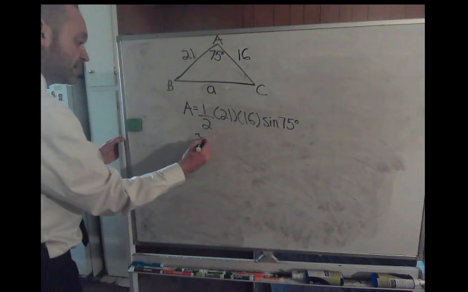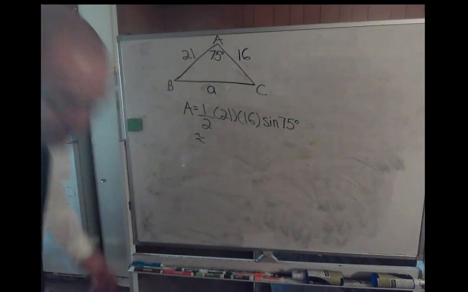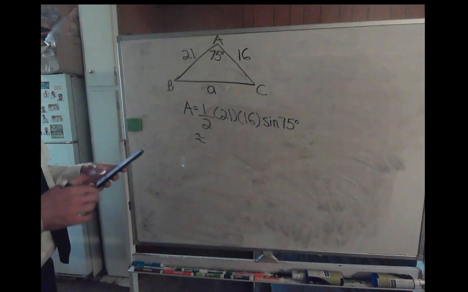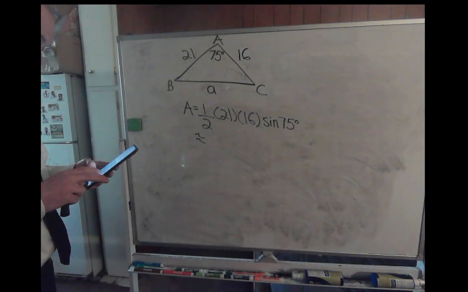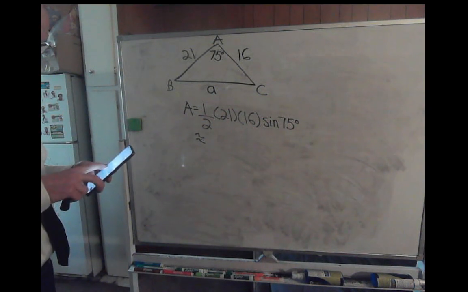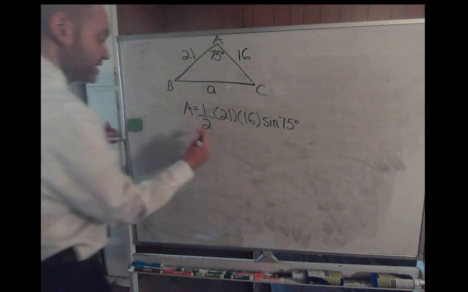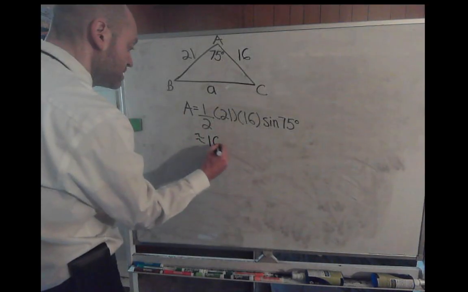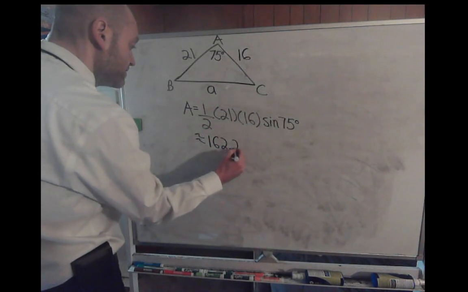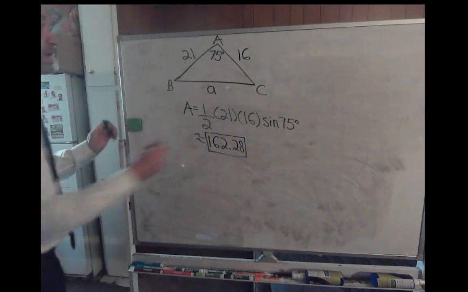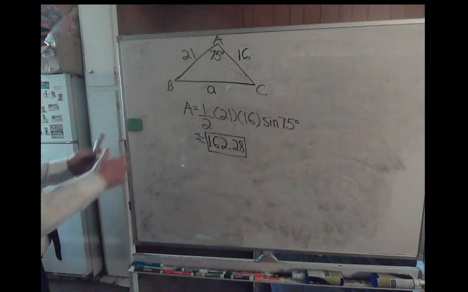With a two decimal place approximation, you get about 162.28. So the area of this triangle is approximately 162.28 square units.